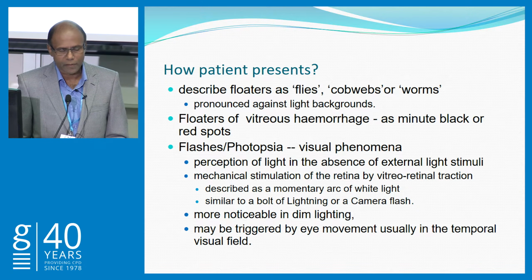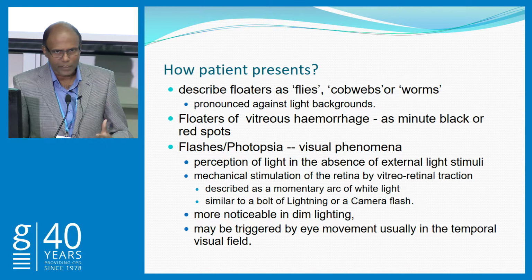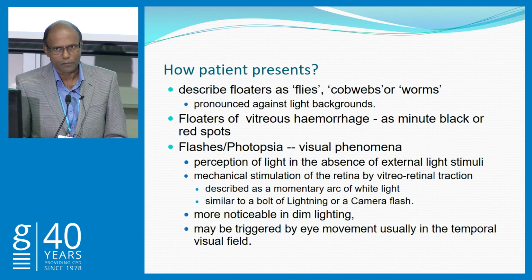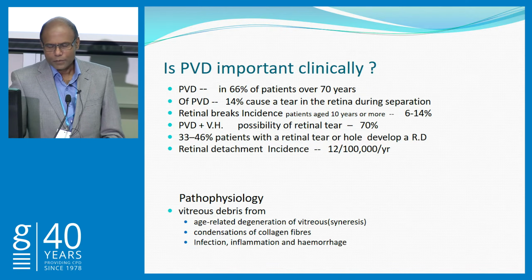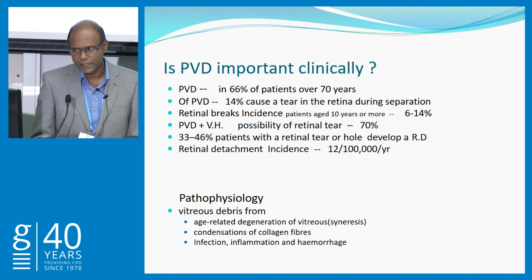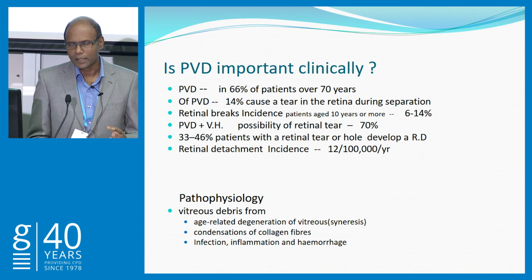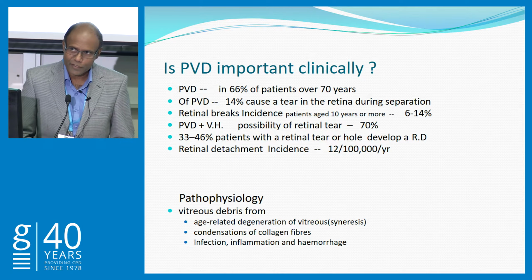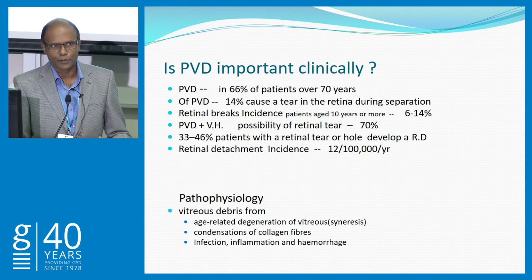This can also be stimulated by movement of the eye, or if the patient starts moving, then you can see more flashes. So why do we give so much importance to this PVD? Because in a way it's common: if you look at people about 65 years old, about 65% of them will have floaters.